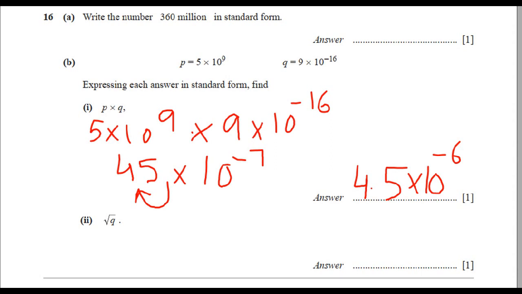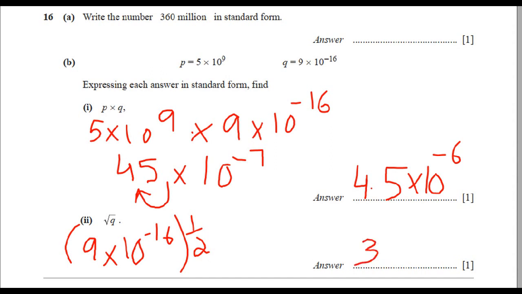Part 2. Under root of 9 into 10 power minus 16, which means 9 times 10 power minus 16, and under root is actually power half. So under root of 9 is simply 3. So we write 3 here. Then how do we handle 10 power minus 16 times power half?